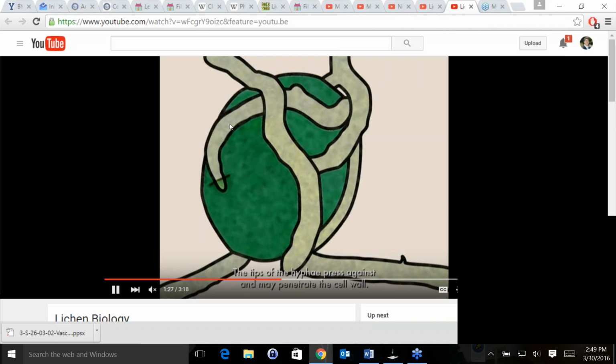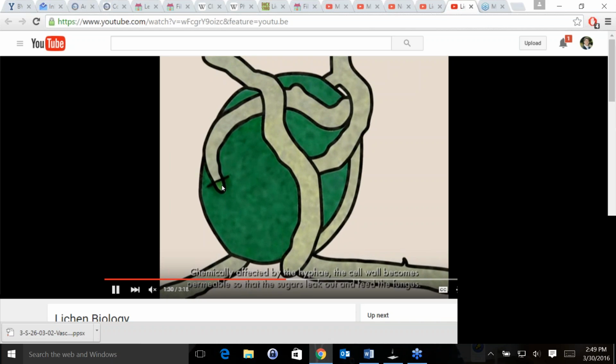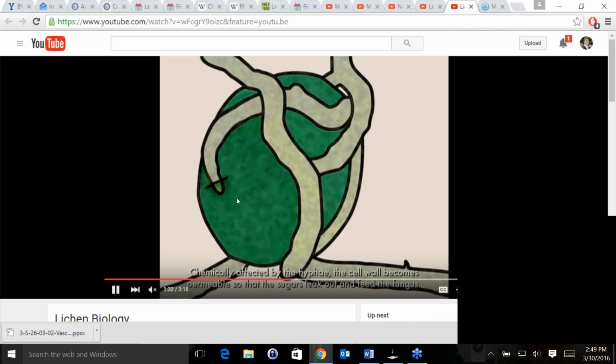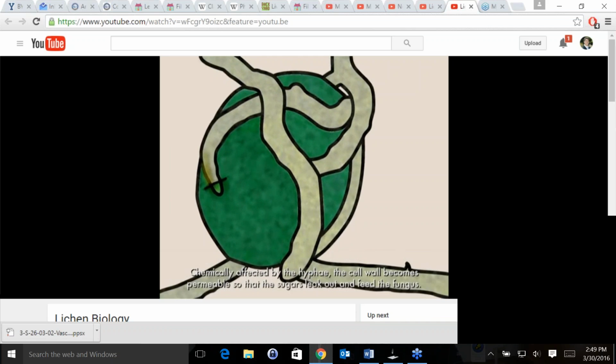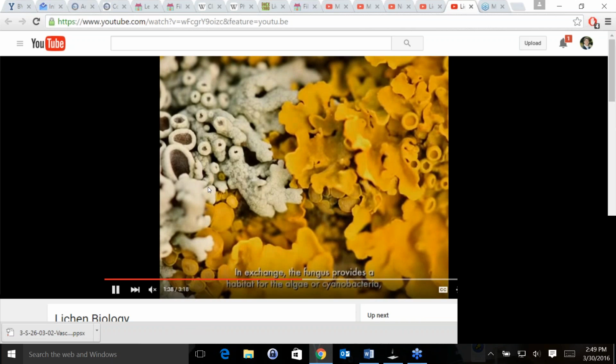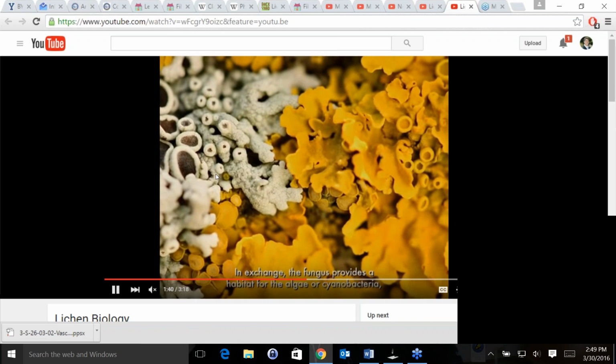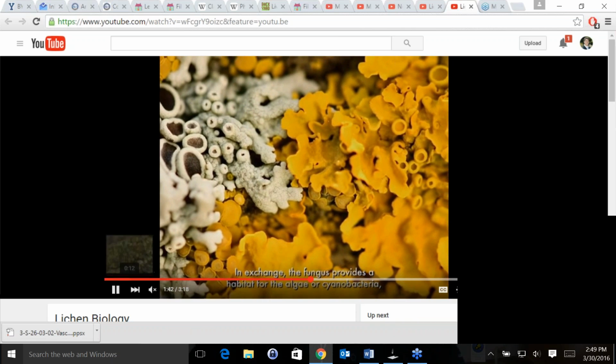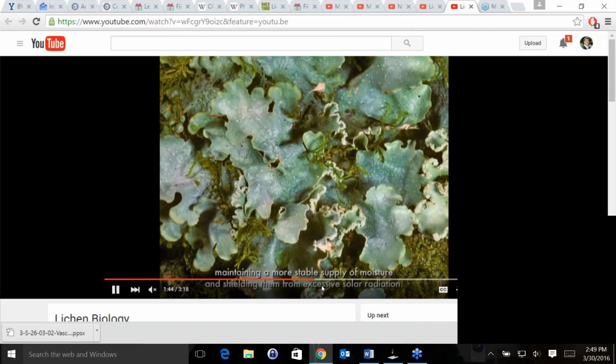The hypha of the fungus has to penetrate the photosynthetic cell in order to draw the nutrients out. So they both benefit.